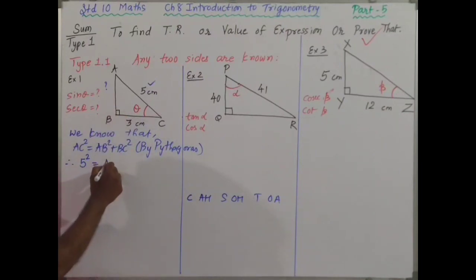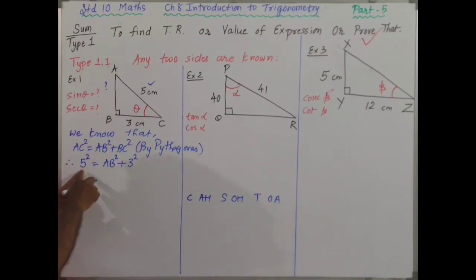AB square is not known. BC is 3 square. Children, you might say this is very easy. 5 square is 25 and 3 square is 9, and 25 minus 9 is 16. 5 square is 25, 3 square is 9, so 25 minus 9 is 16.